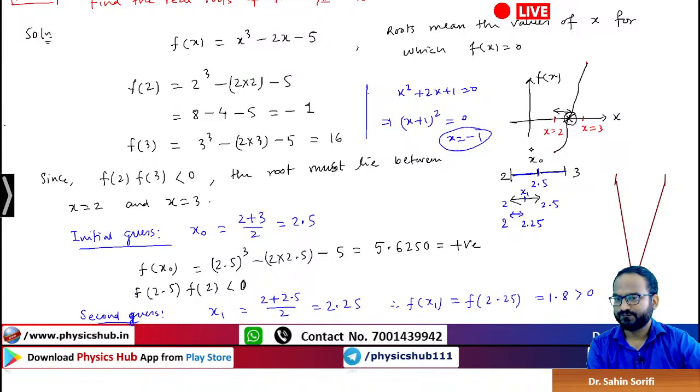Most of the time, as students we are just learning how the process goes on. But for research purposes, this is done by programming. If you feed the program the range, it will check the values at these two points.